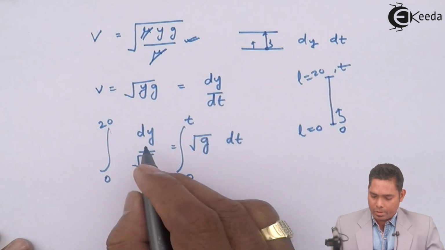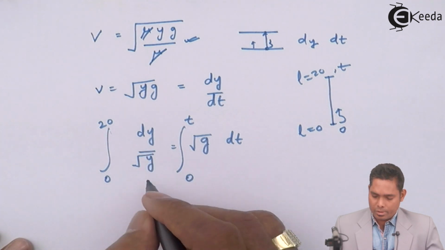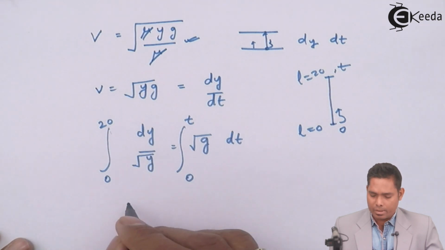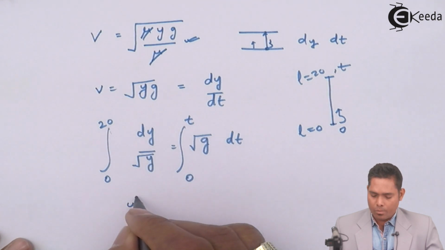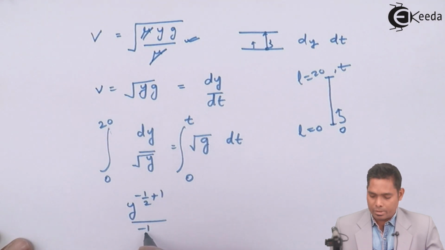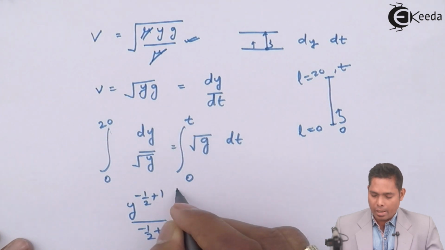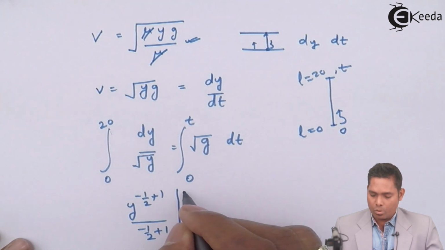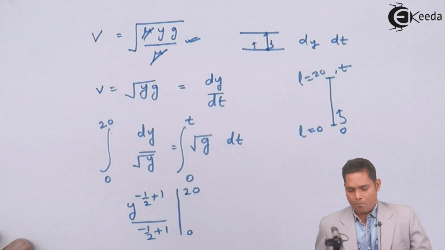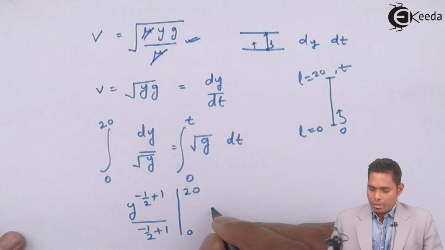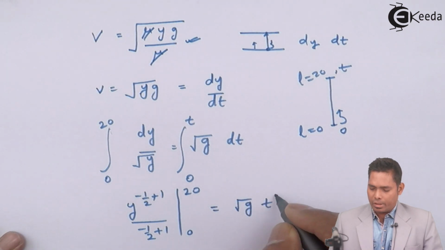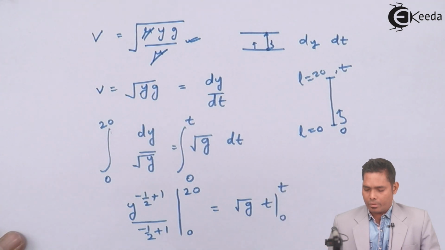So by integration, how to integrate that? This is y raised to minus half. If y is raised to minus half, then it will become y raised to minus half plus 1 divided by minus half plus 1, and that goes from 0 to 20. Then root g is a constant quantity, and t varies from 0 to t.